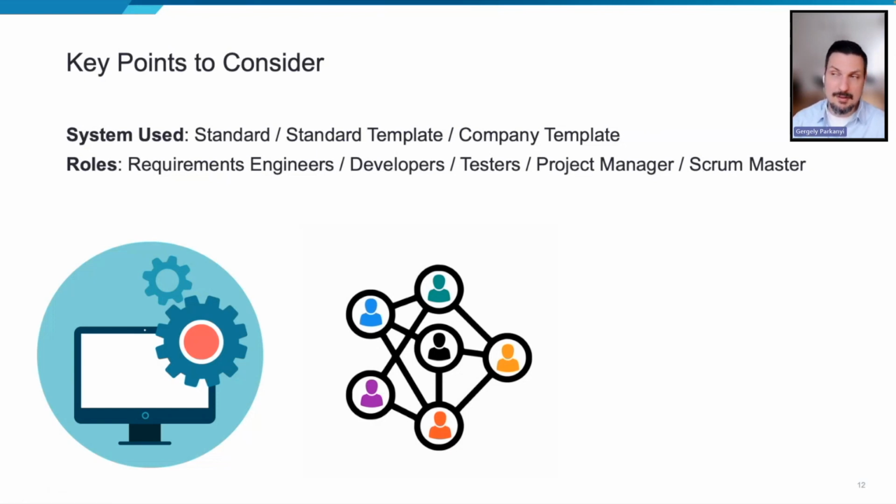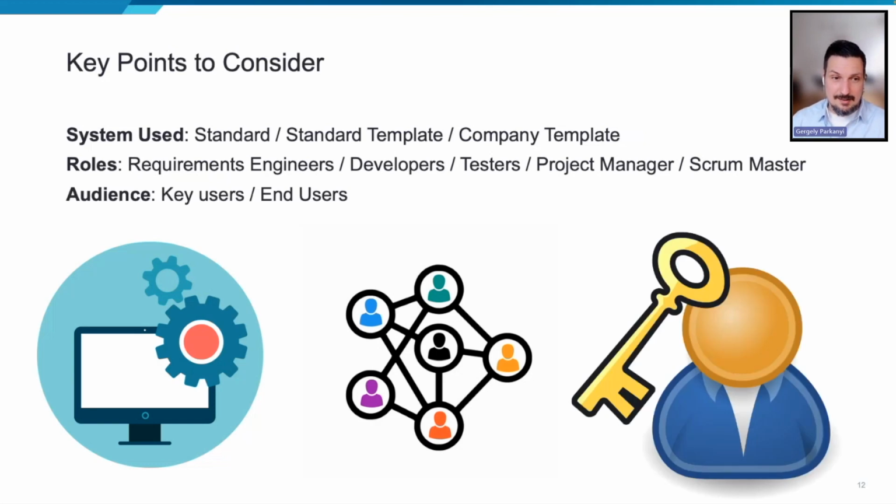Maybe not the development, but most of it. And as I said, audience changes through the life cycle of the project, from key users going to end users, and really when you plan the training, you should also be mindful of the number of people. So maybe virtual training is a good idea towards the end when you have a huge number of end users, and for key users you can do on-site training.